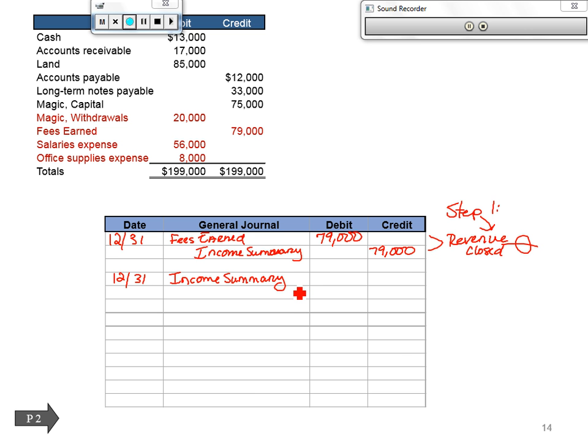Debit income summary. Credit what? Credit salaries expense, 56,000, and office supplies expense, 8,000, which means income summary is how much? $64,000.